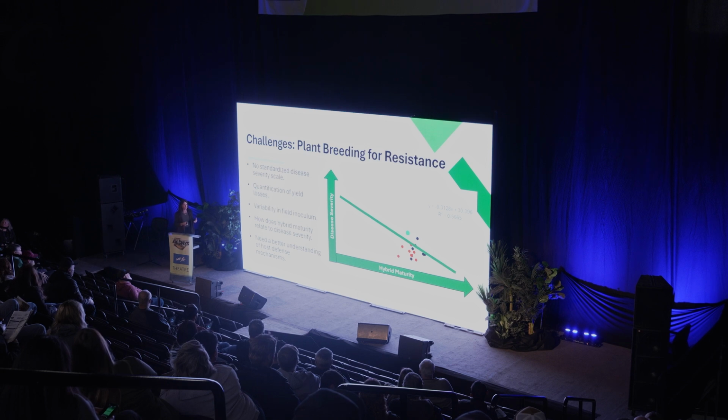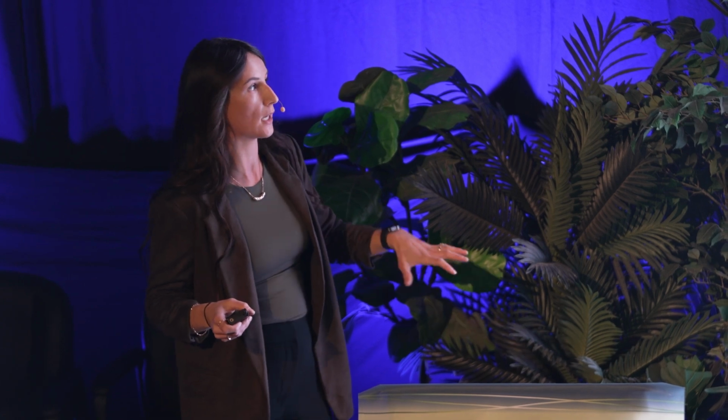This is the one I think where people have got the most interest in. This is one that I get to work with on a daily basis, is working with plant breeders for developing resistant hybrids. So we obviously use these in things like clubroot, for fusarium wilt, and for blackleg. But some of the challenges that are out there right now, because we're starting from pretty ground zero with working with this disease here, we have no standardized disease severity scale.